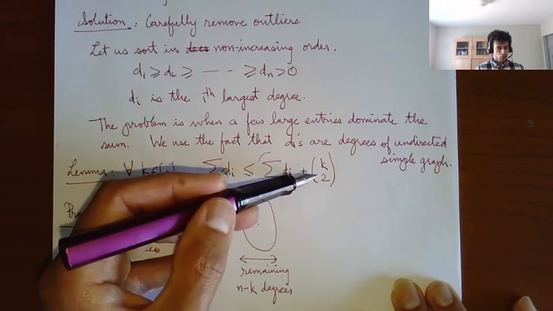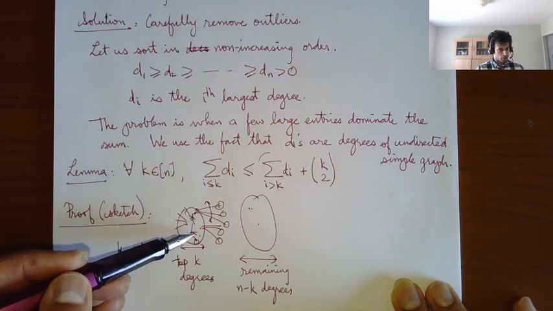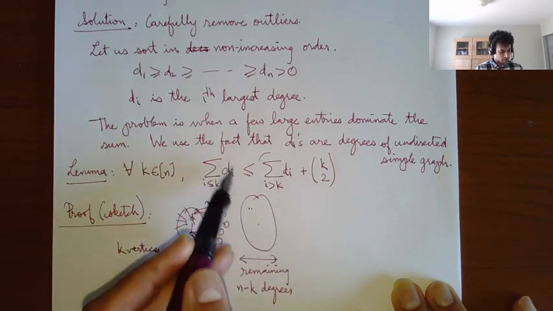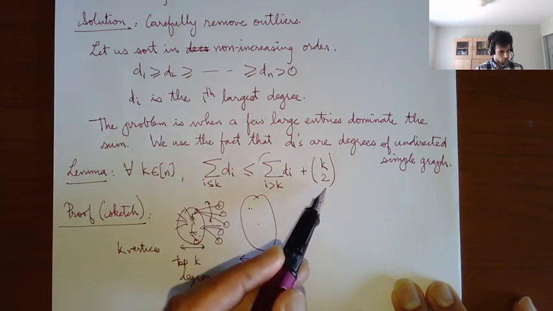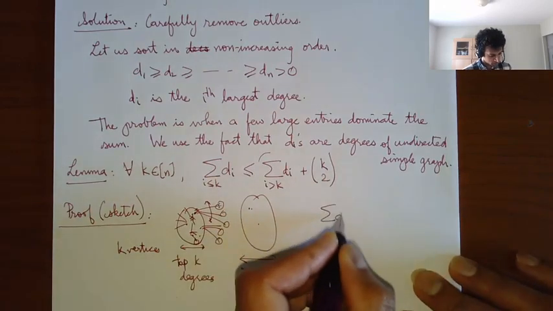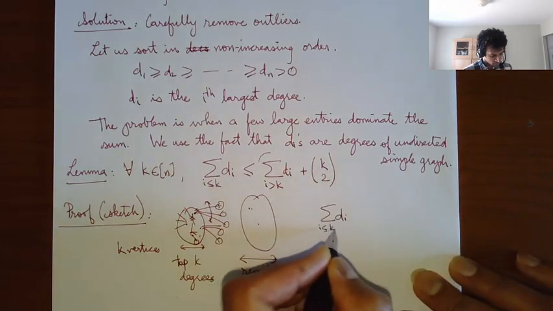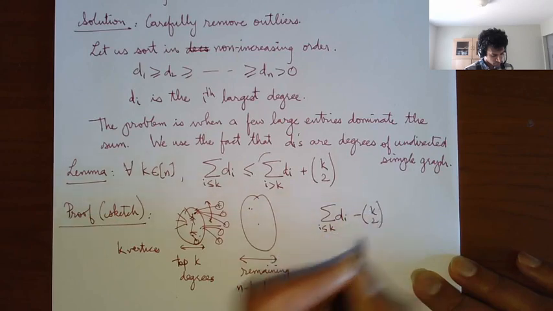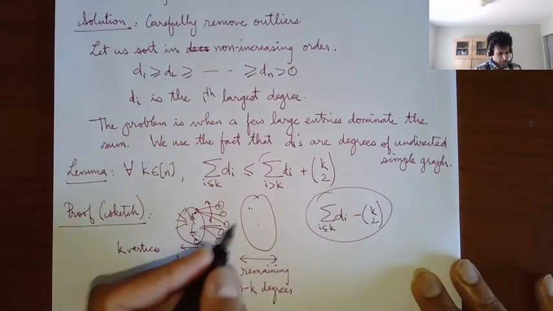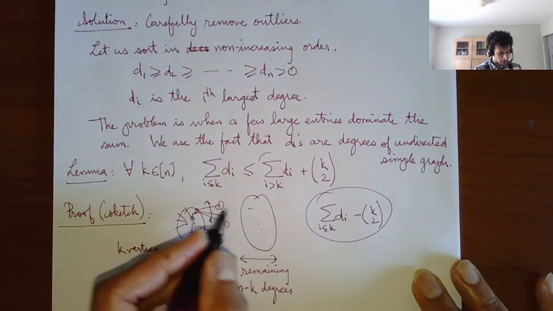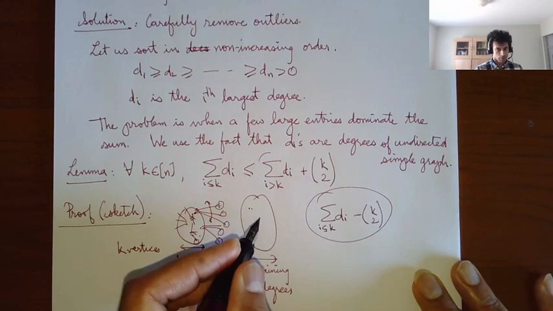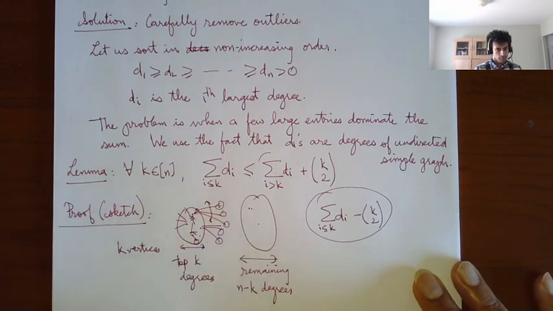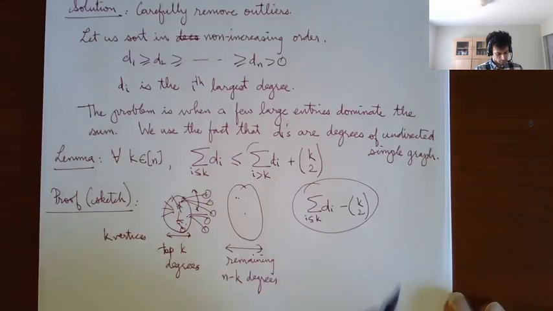At most k choose 2 edges can have both endpoints in here. So all the remaining edges, that is the summation of di minus k choose 2, are the number of edges whose endpoint must lie in here. And that's the proof.